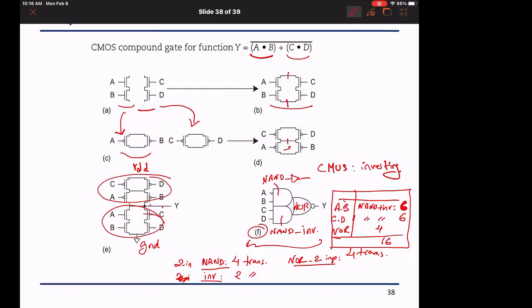So accordingly, if we look at the implementation here, how many transistors do I have? Eight. Right? So there are trade-offs.